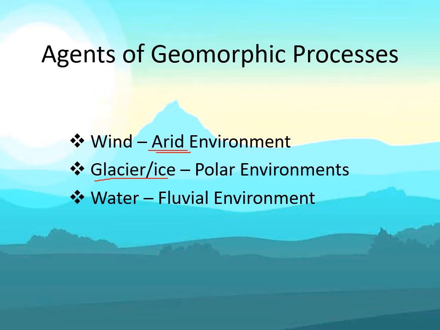And lastly, the water, the most commonly found natural agent in our surroundings. Whenever we hear the term water dominated area, the first thing that comes into our mind is a river or stream. So those environments where river activity is prolonged or much intense are known as fluvial environment.